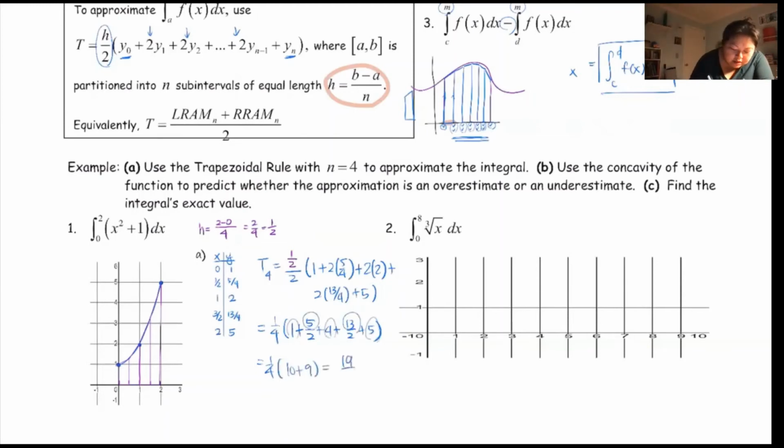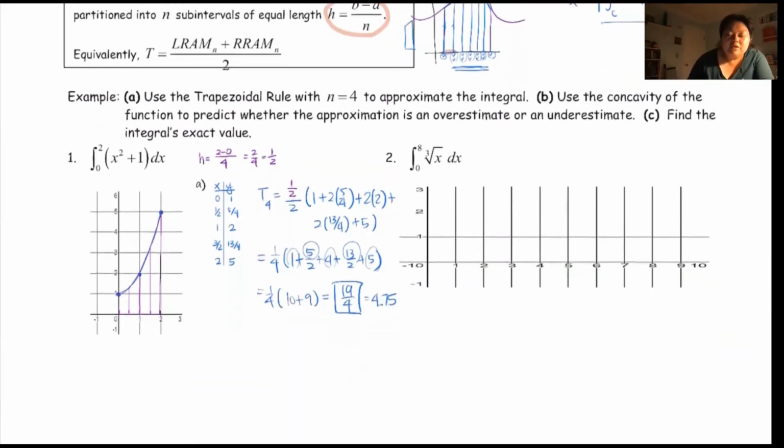So I get 19 over 4. That's my approximation, 19 over 4. Which again, for me personally, 19 over 4 is a little hard to compare, so it may be helpful to put it in decimal form. So if you divide it by 4, you get 4.75, right? So hopefully that will help us figure out how good our approximation is next, all right?